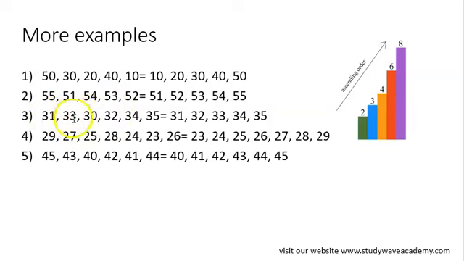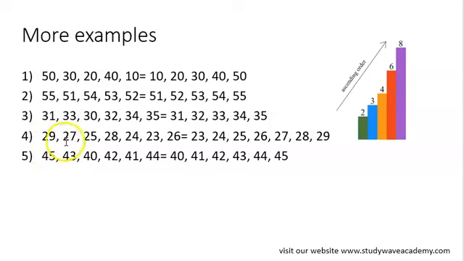The next is 33. The next is 34. And the next is 35. So you're going to write it out, okay? 31, 32, 33, 34, 35. From the smallest to the biggest. Correct.